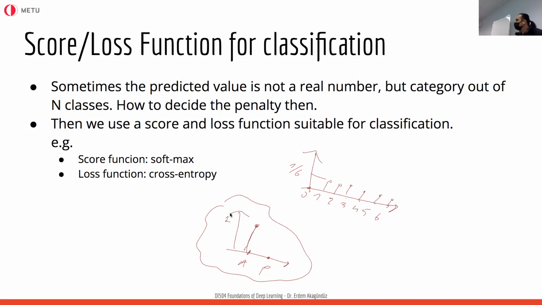So I need a score function which can create that for me. Softmax, which we are going to talk about in the next slide, is a type of function which can convert those real value scores, multiple scores, into discrete probability distributions.